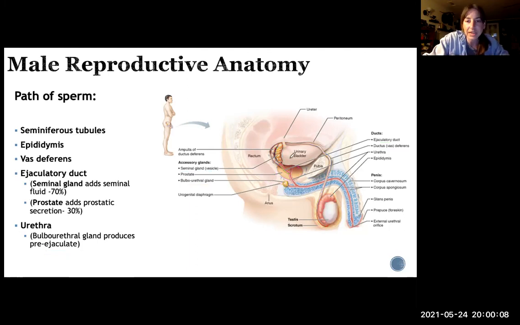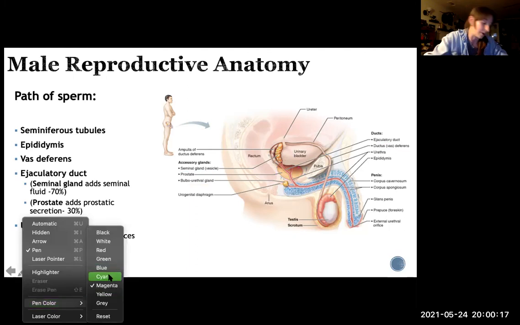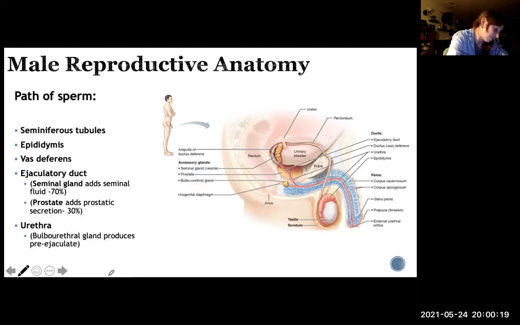So the seminal gland here is going to contribute about 70% of seminal fluid, believe it or not. It is going to be composed of water, of course, but also carbohydrates, so sugars, proteins, and electrolytes.